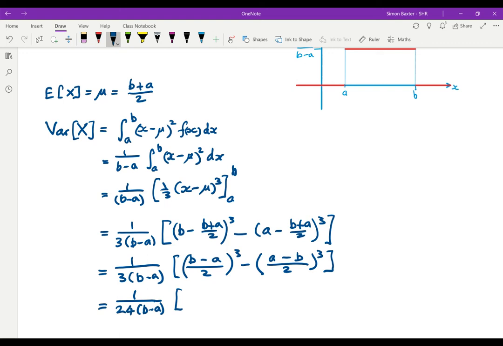Inside, there's a nice, clever little dodge. I've got minus A minus B cubed. Remember, we've taken the 2 out. Minus A minus B cubed. If you think carefully, that is exactly the same as plus B minus A cubed. Because the power is odd, the minus can actually slide in.